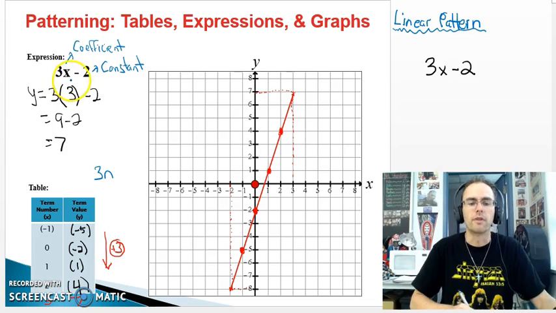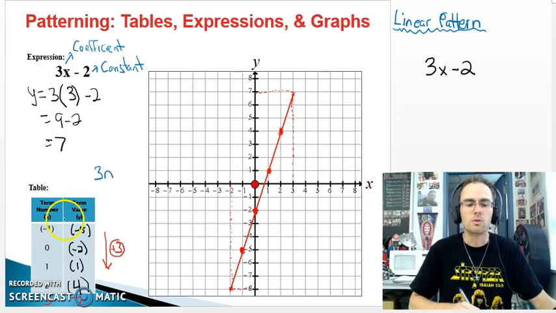And of course, x would be your variable. How do you get -2 from this table? Well, all you would have to do is substitute one of your x term number values for your variable. I like using 1. 1's easy. So I substitute 1 for n. This would be 3 times 1. Well, that would give me 3.